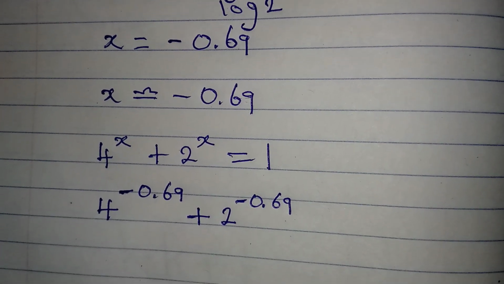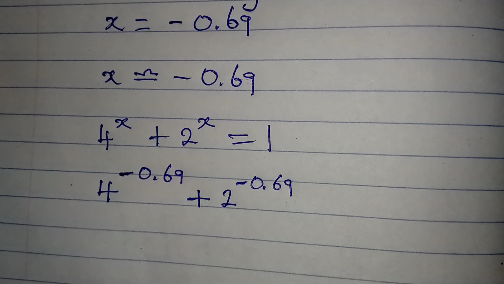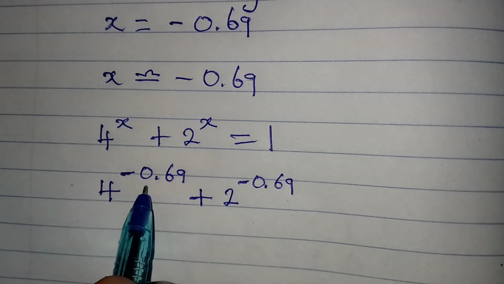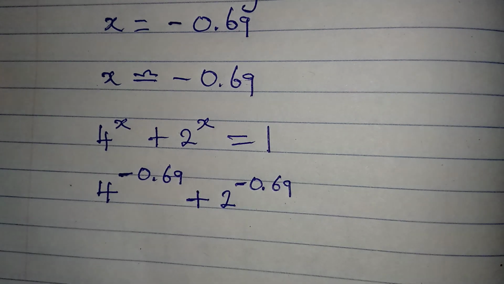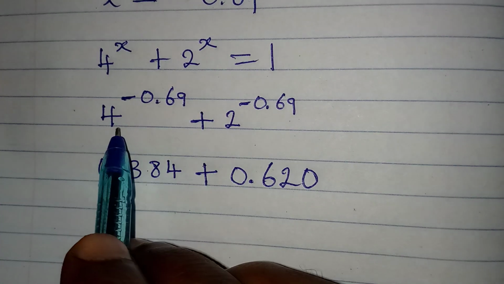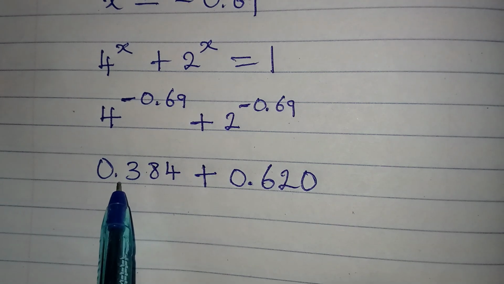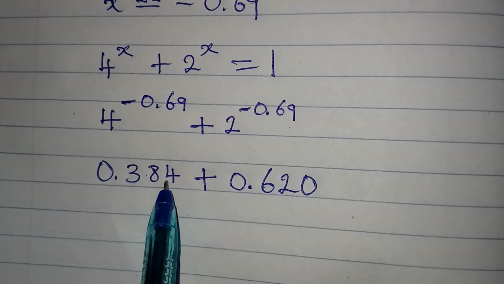Now let's see what this is going to give us. If you work on your calculator, 4 to the power of negative 0.69 is giving us 0.384.